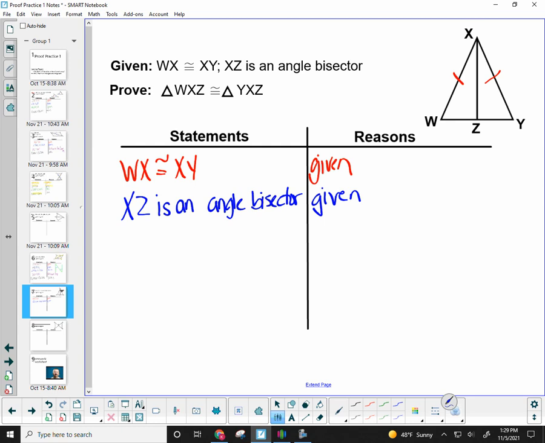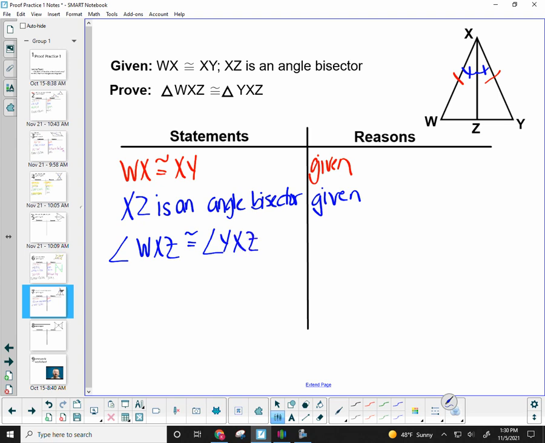Okay, so these two angles right here have to be congruent, right? So if XZ is an angle bisector, then WXZ and YXZ are congruent. So let's make that statement. Angle WXZ congruent to angle YXZ.